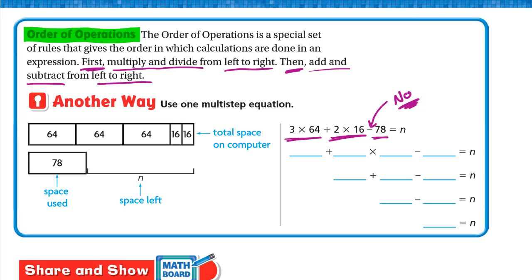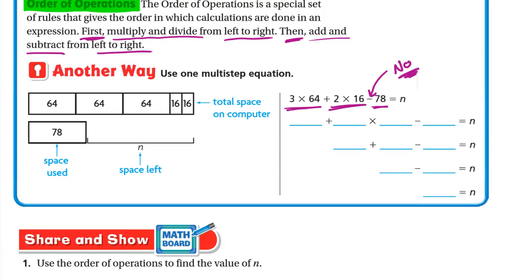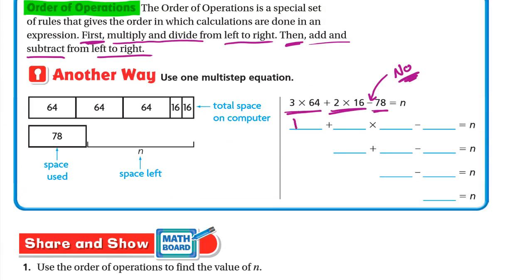So 3 times 64, as we did it up, was 192. So I write here 192. So 192 is instead of the 3 times 64. The rest of the problem, I should write it again: plus 2 times 16 minus 78 equals n.